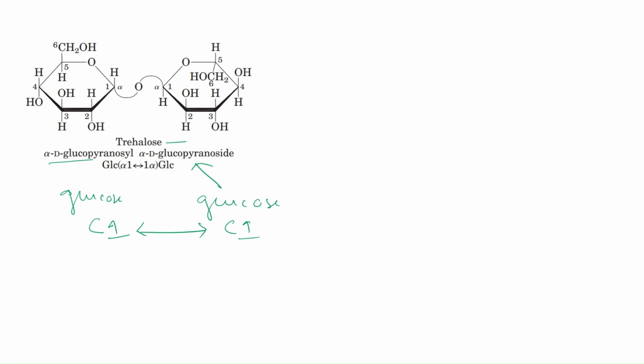So in trehalose, because both the carbon number 1 are involved in bond formation, trehalose is also a non-reducing sugar. Trehalose is the major constituent of circulating fluid of insects.